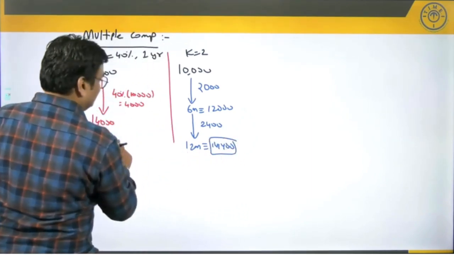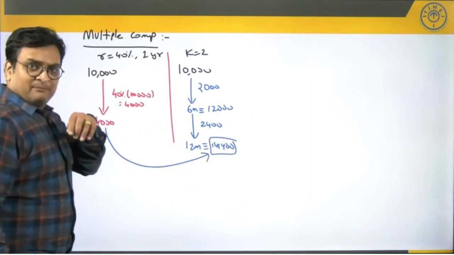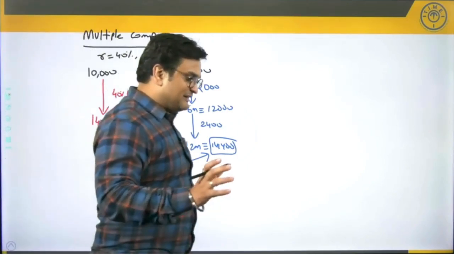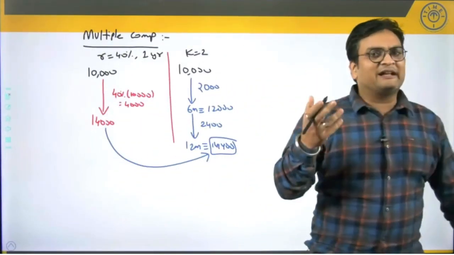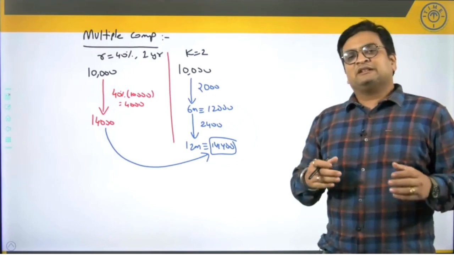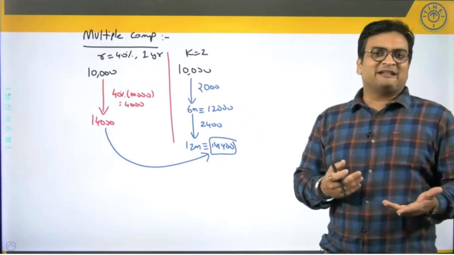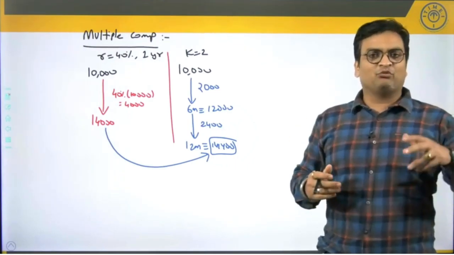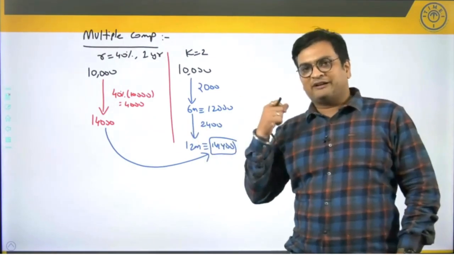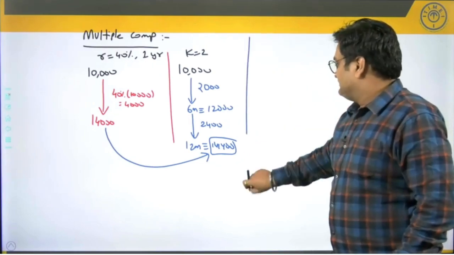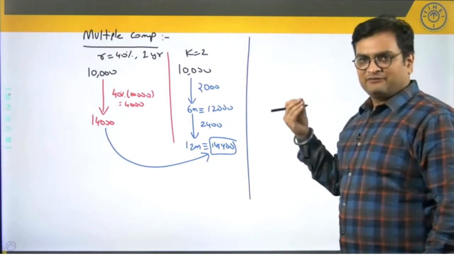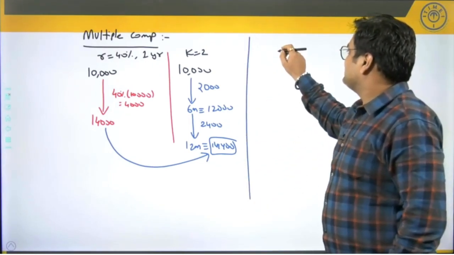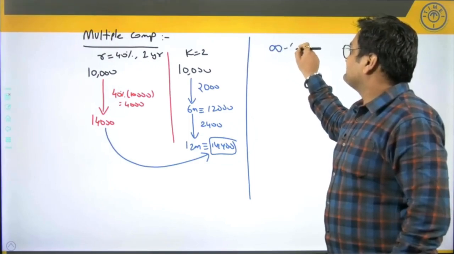It is more than the amount that we got here, because we are increasing the compounding. One general understanding that one can derive is that if you compound more number of times, the final amount or the total interest accumulated is going to be bigger. More compoundings means more interest. However, there is one small formula that we need to know about multiple compounding, which is the infinite compounding case.